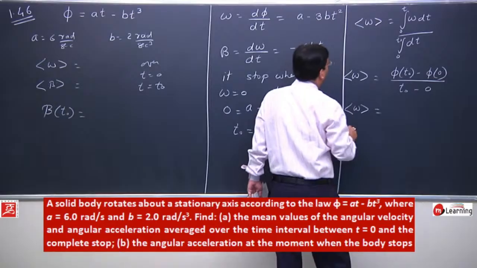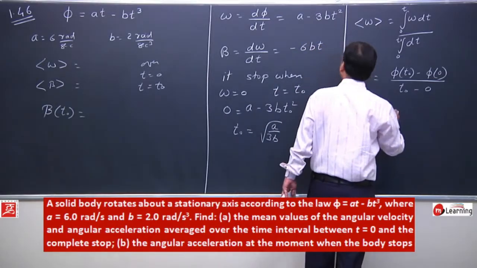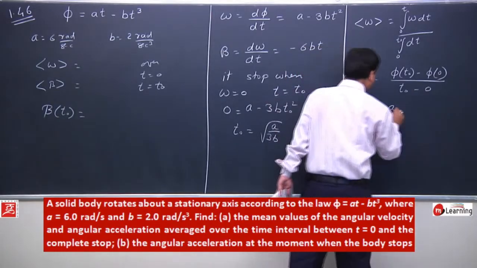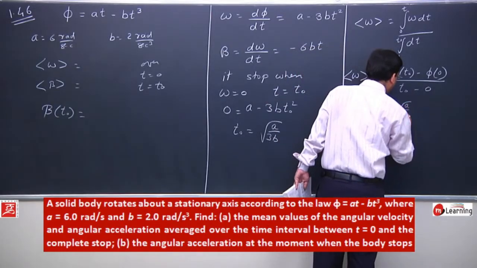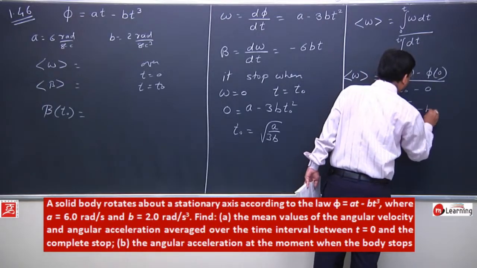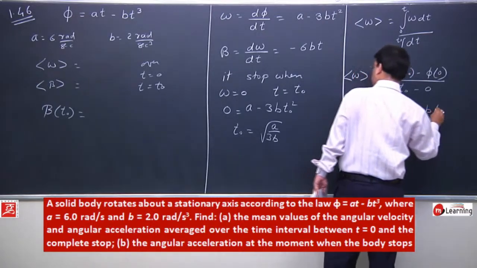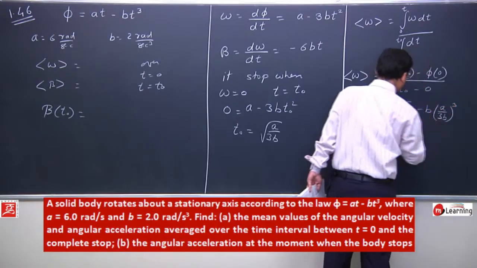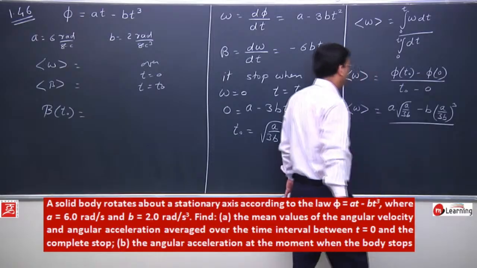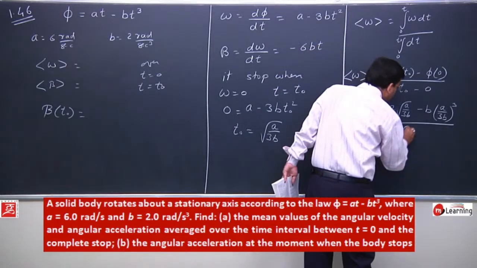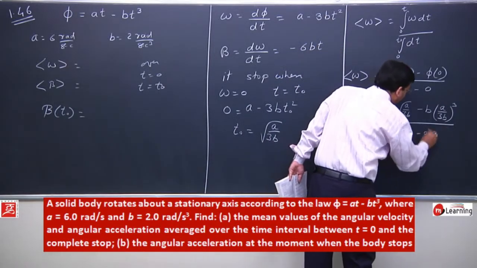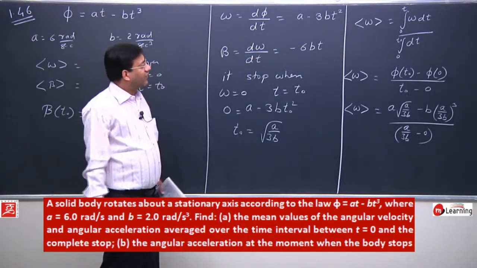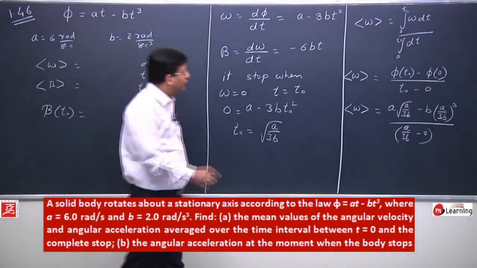Mean of angular velocity is a into, for t I will write under root of a by 3b, minus b into a upon 3b whole cube, whole upon a by 3b minus 0.